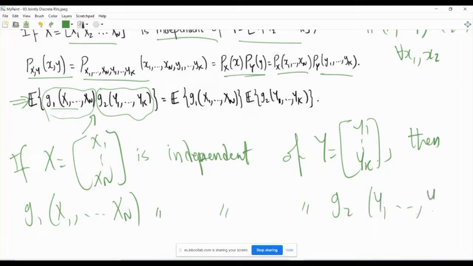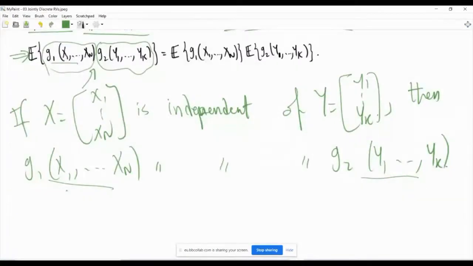And these two functions may be the same thing. Maybe the function is that you sum the x's and you sum the y's. Maybe big N is equal to big K. So it can be a different function, it can be the same function, but in any case, these two will be independent of one another.